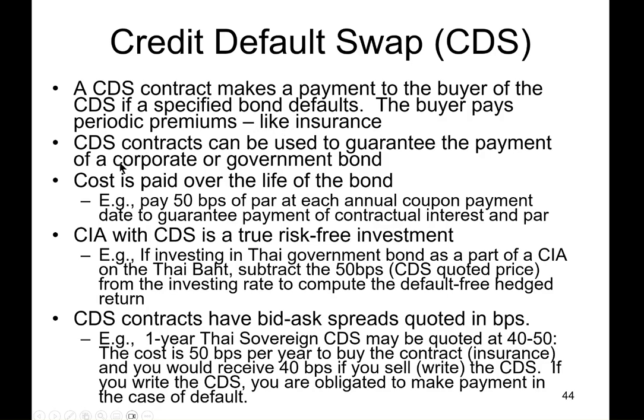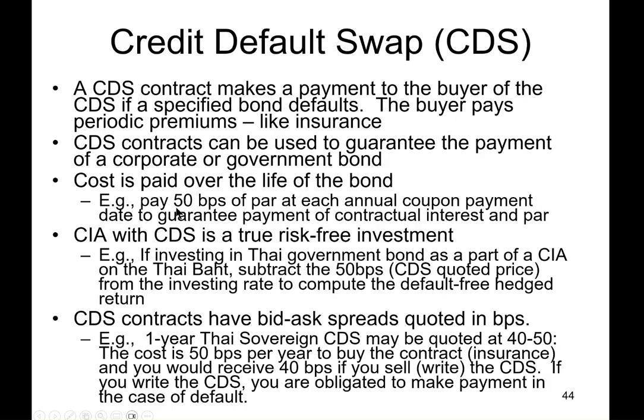So what this does is the CDS contracts can be used to guarantee the payment of the corporate bond or a government bond, and the cost is paid over the life of the bond. So, for example, if the contract specifies you pay 50 basis points of par at each annual coupon payment date, it guarantees the payment of contractual interest and par.